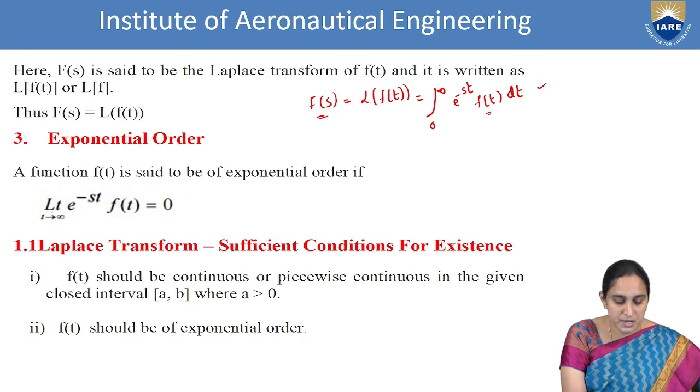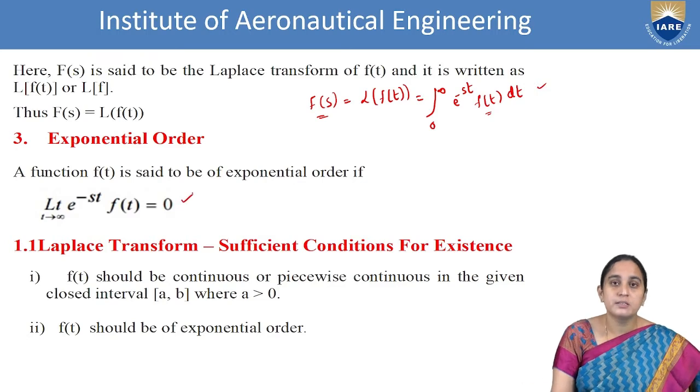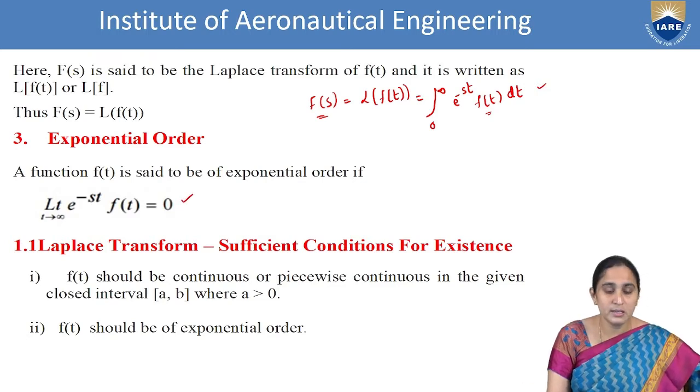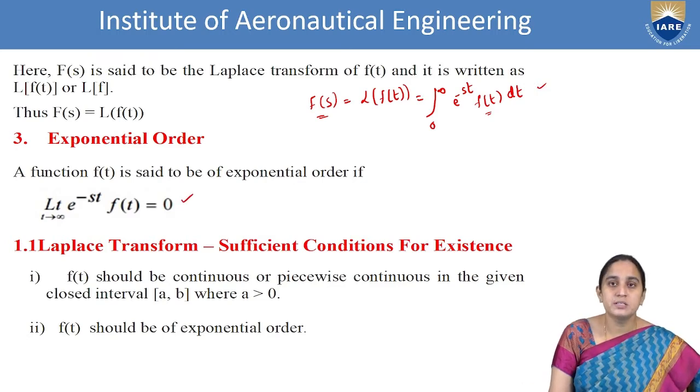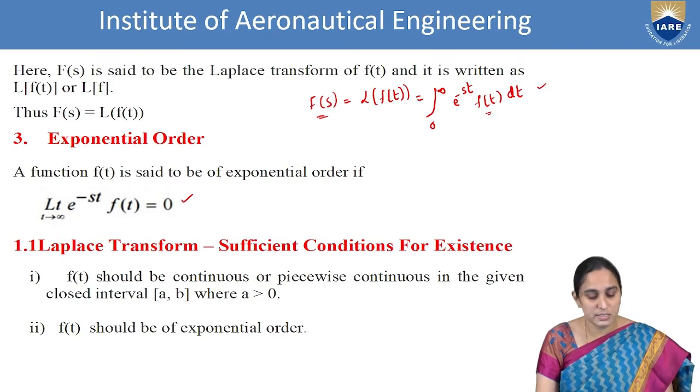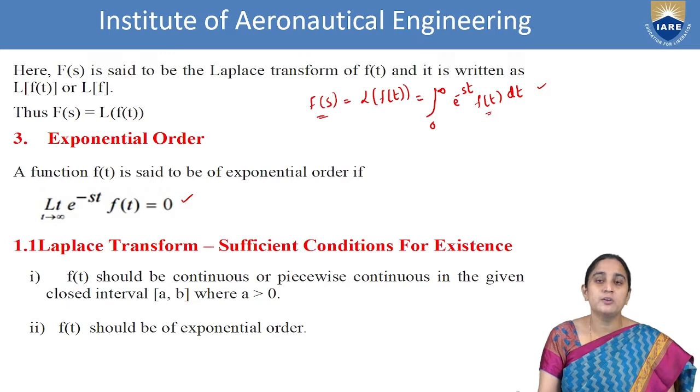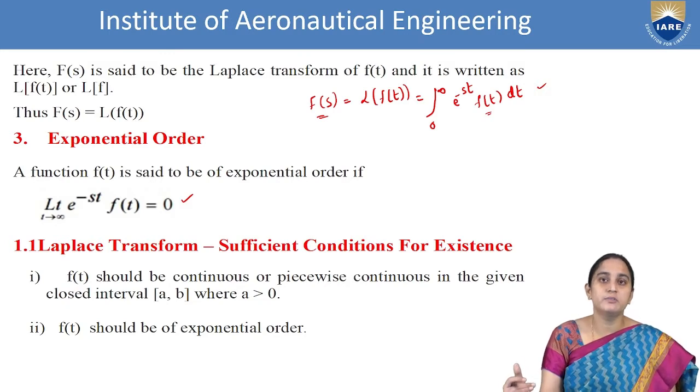That means as t reaches infinity, the functional value e power minus st into f of t is equal to 0. That is called exponential order. That's the concept of exponential order. If the limit value of a function equals 0, then it is called exponential order.